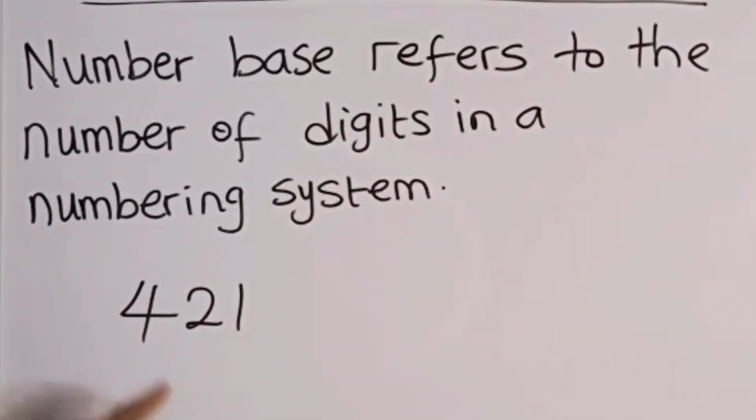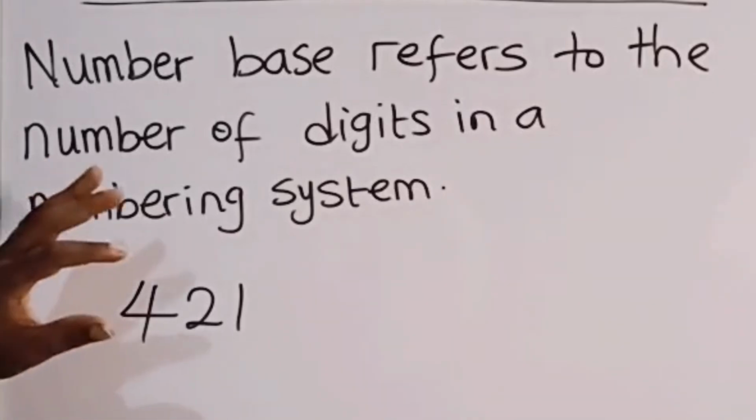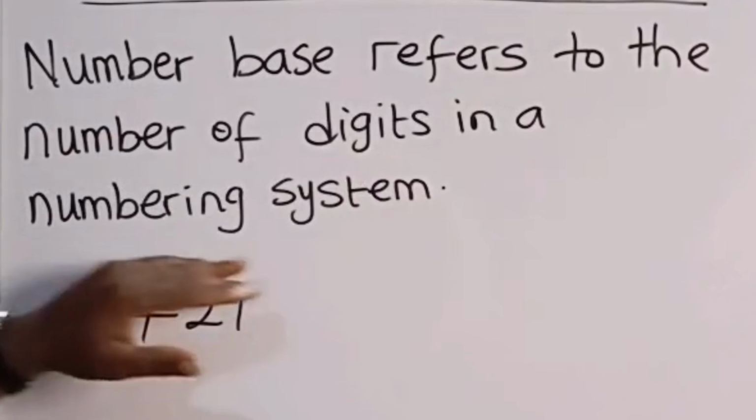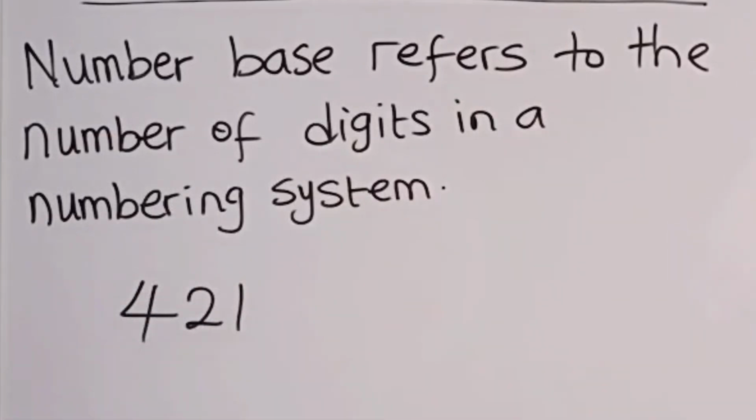The digits are 4, 2, and 1. So in a numbering system, or a number base, it refers to the number of digits in a numbering system. So when you look at a numbering system, if you identify the digits in that numbering system, that tells you the number base you're working with.